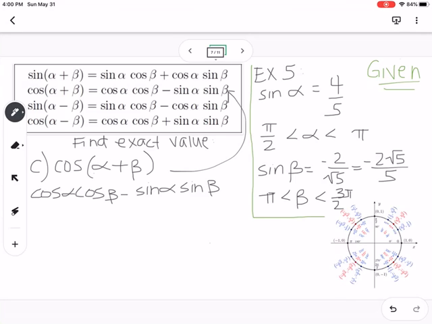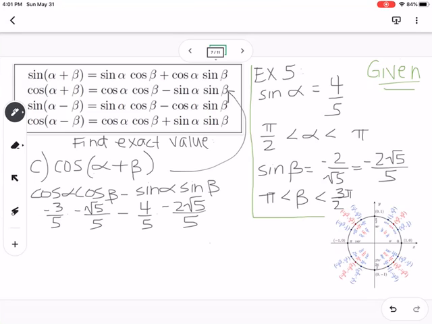And from the last two examples that we just did, we know the cosine of alpha is negative 3/5. The cosine of beta was negative radical 5 over 5, minus the sine of alpha was 4/5, and the sine of beta was negative 2 radical 5 over 5.